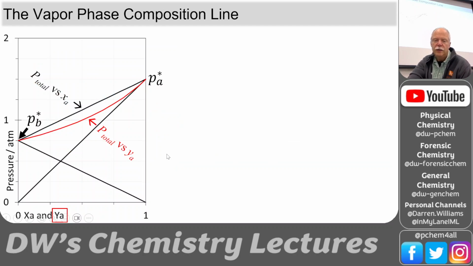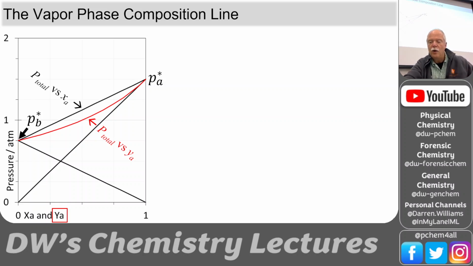Okay, now it gets a little complicated. So the lines we've been showing here are the P lines based upon the X composition. But what's the composition in the vapor phase? After the vapor leaves the surface of the liquid, you can have different concentrations in the vapor phase that add up to the total vapor pressure.